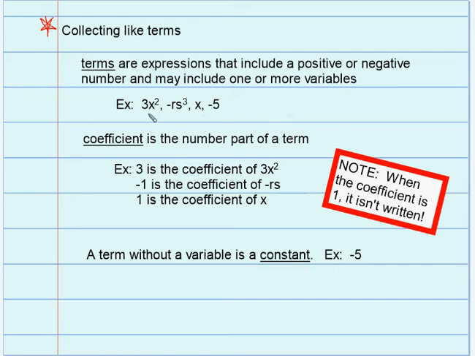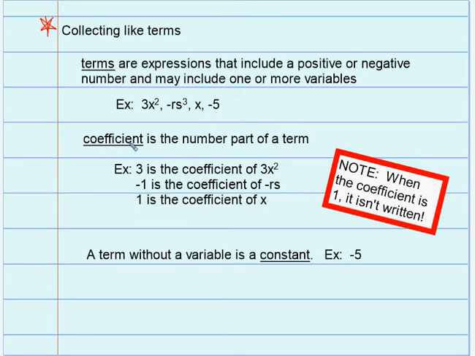Okay, so I list some examples here. 3x squared, negative rs cubed, x, and negative 5 are all examples of terms. They include a positive or negative number, so there's a positive, a negative, a positive, and a negative. And they may include variables, but they don't need to, like the number negative 5.